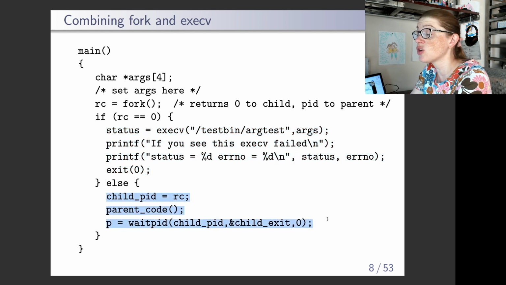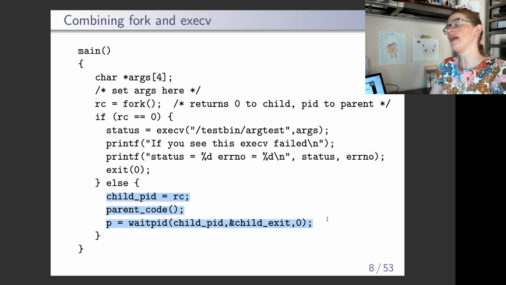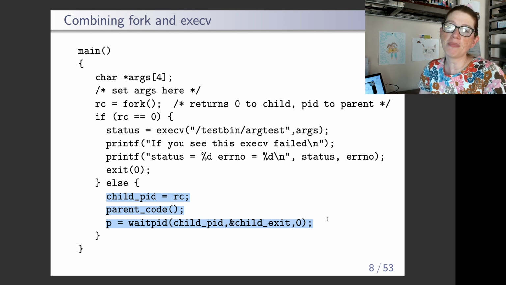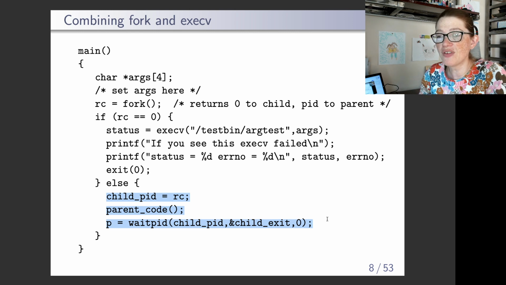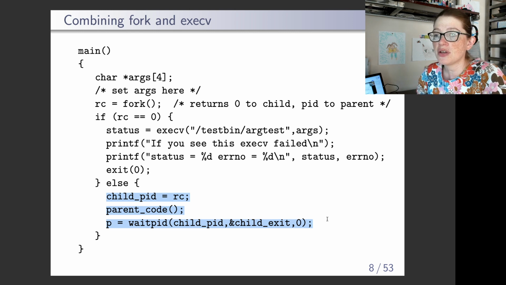And then the parent is going to wait for the child process to terminate. Which brings up an interesting point of discussion. When you call execv, the process structure remains the same. The PID remains the same. Only the program changes. Something else that remains the same is the parent-child relationship. You can call execv 1,000 times, and it doesn't change who your parent is.